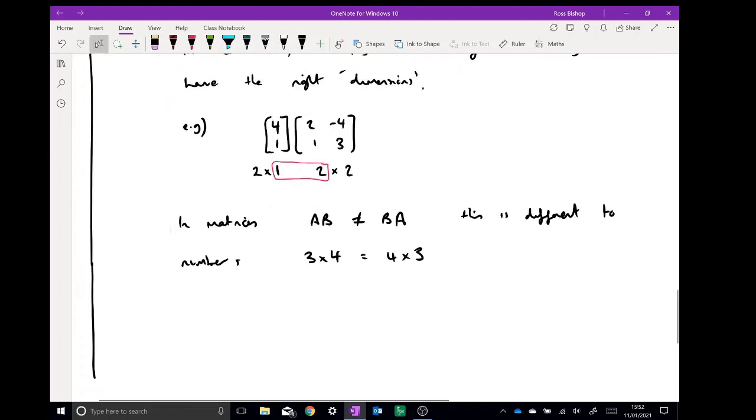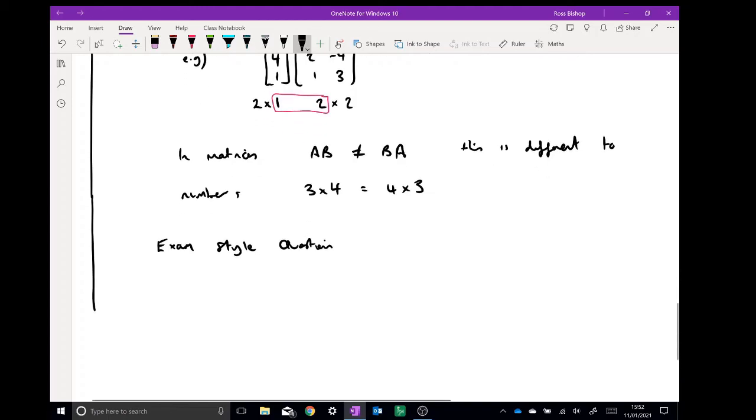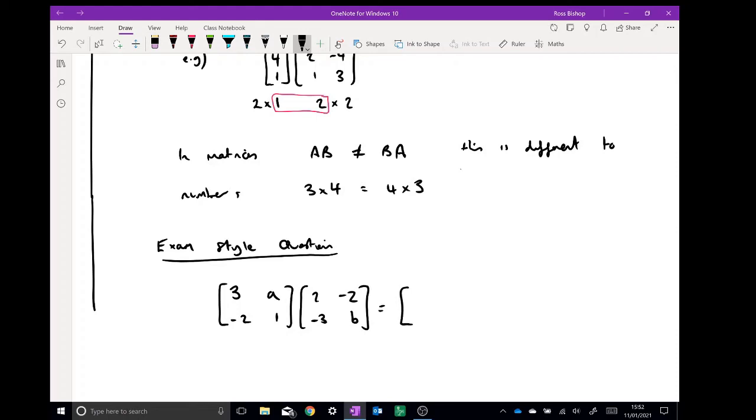Right, we're going to do an exam style question now, and then you're going to do some practice. So you've got something like 3, a, minus 2, 1, and we're going to multiply that by 2, minus 2, minus 3, b, and that equals 12, 2, minus 7, 0.